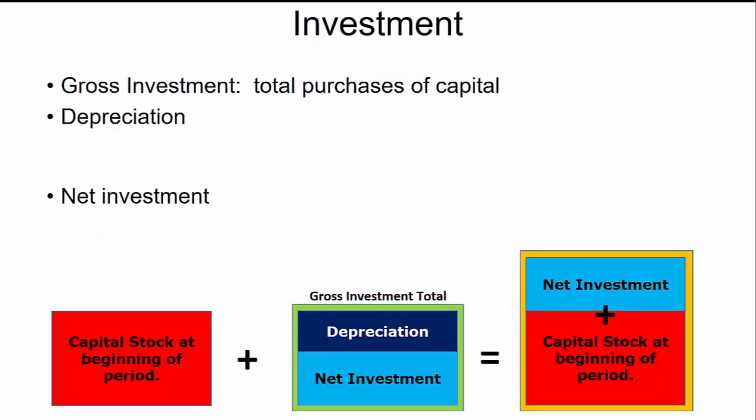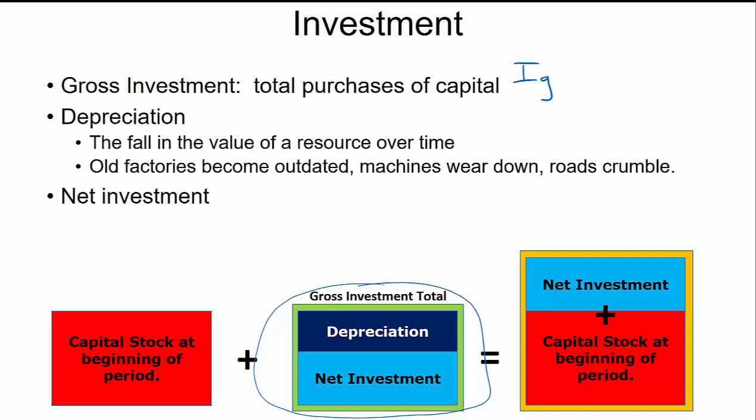So let's talk about investment before we move in and talk about capital accumulation. When we talk about gross investment, where I abbreviate investment with a little g, that just means the total purchases of capital in an economy. If we apply it to our boxes down at the bottom, this one in the middle is our gross investment because it's the total purchases of capital.